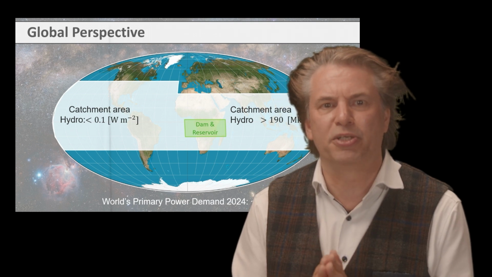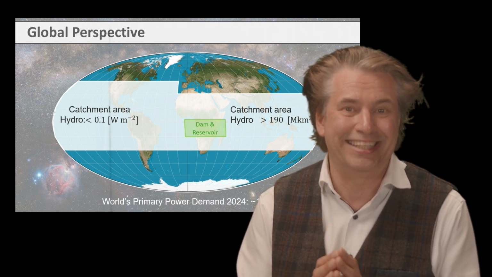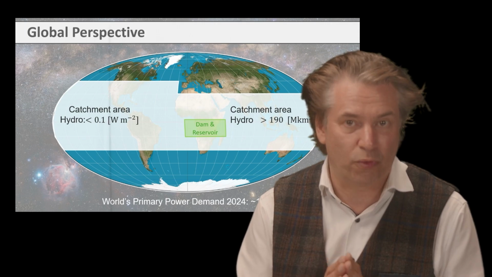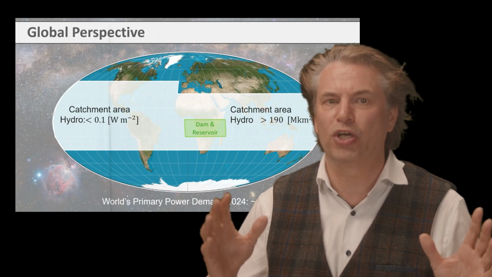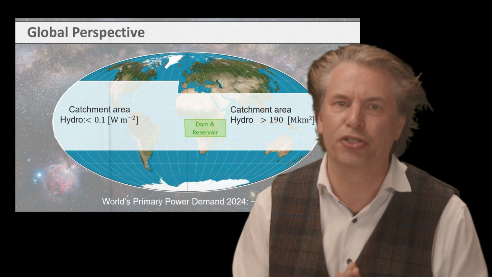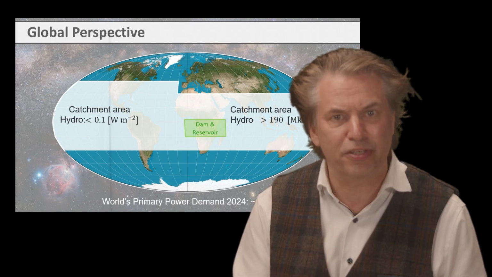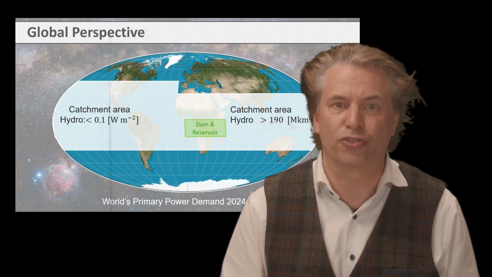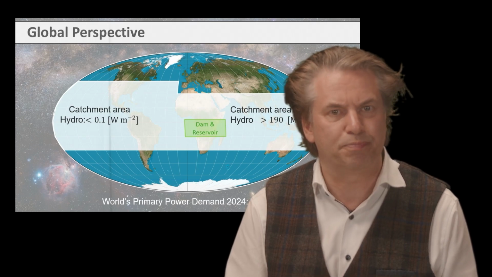Let's put these numbers in reference to world's primary power demand of 90 terawatts in 2024. With this map, we can visualize what surface area is required to cover this demand with the technology discussed in each video. So using the catchment area as a reference, hydroelectricity has a surface power density of smaller than 0.0 watts per square meters.